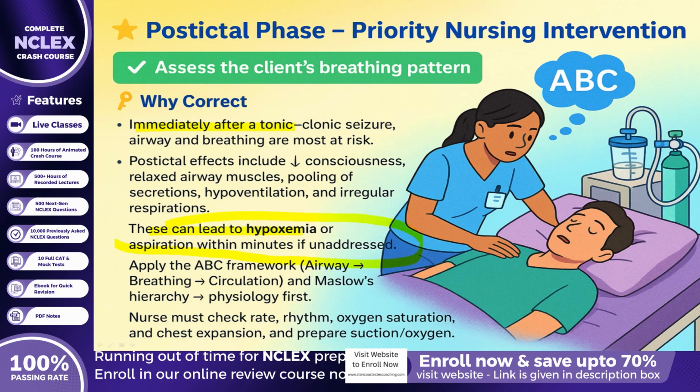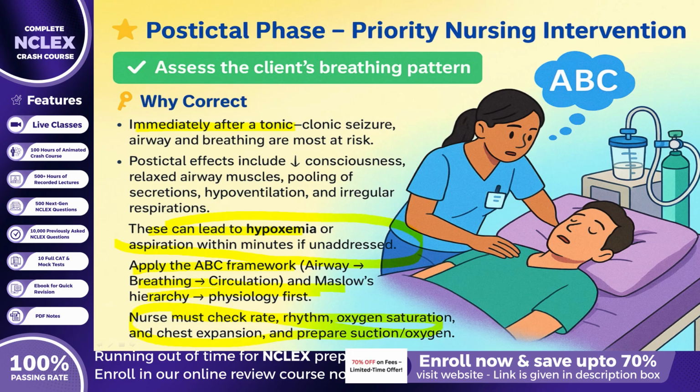Using the ABC framework, airway, breathing, circulation, and Maslow's hierarchy, physiologic stability always comes before neurologic or comfort measures. Therefore, the nurse must carefully evaluate respiratory rate, rhythm, oxygen saturation, and chest expansion, while also preparing suction and oxygen equipment. Administering oxygen may be required if saturation drops or if ventilation is inadequate. This intervention directly prevents potentially fatal complications and is therefore the top priority.